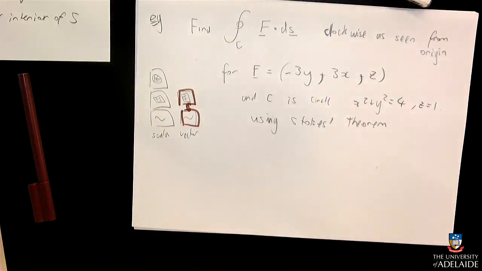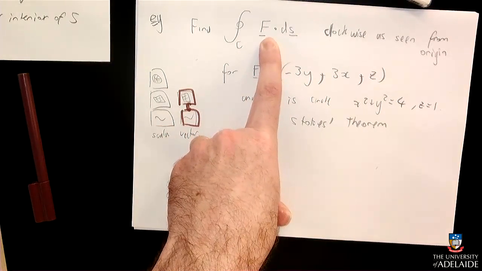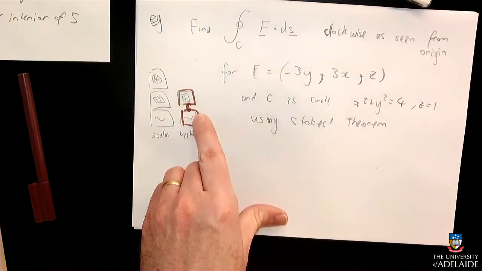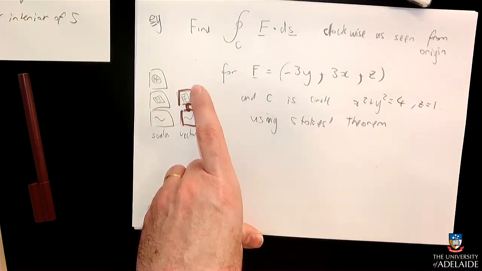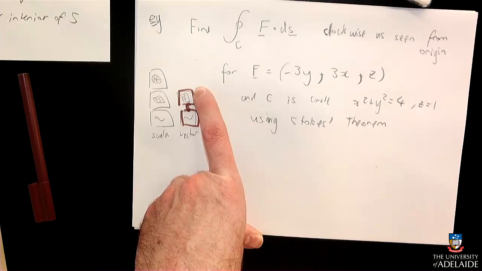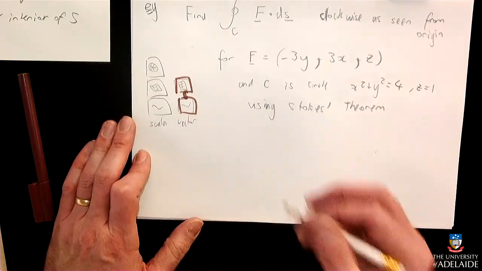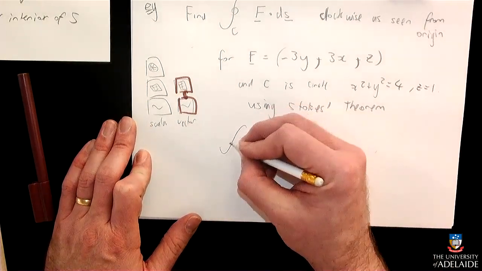So we have a vector function around a curve, and we can turn that into a different vector function around a surface, and to create a vector function from a vector function via a derivative, I would do the curl. So we know that.